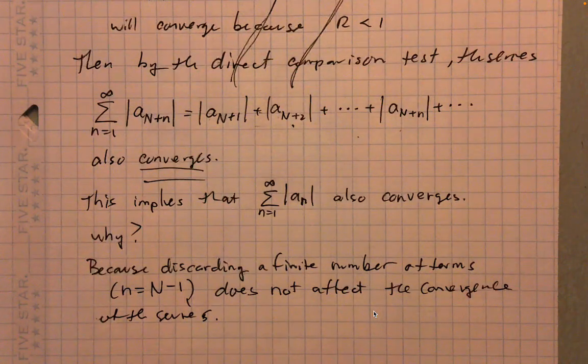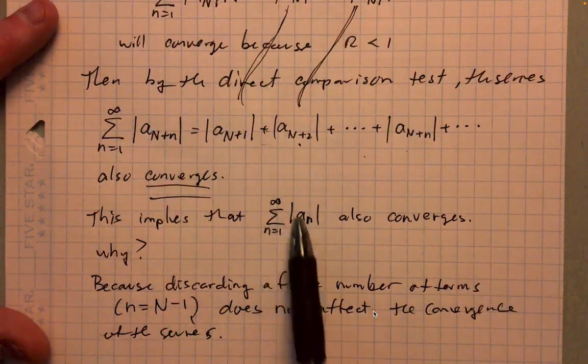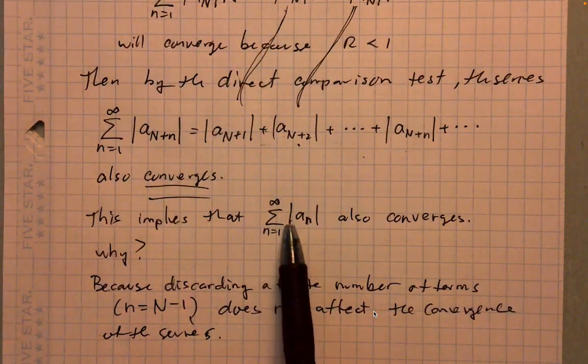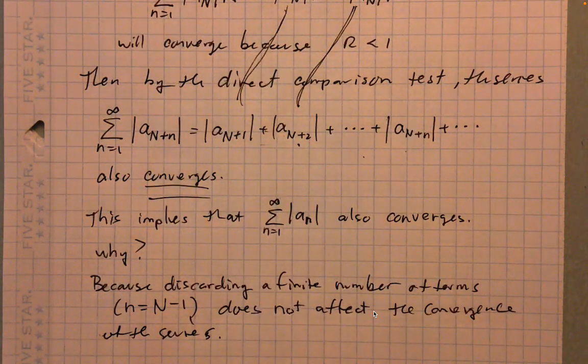You can't add up to infinity in the first 50 terms or the first 1,000 terms, so no matter what they are, they're not going to affect the convergence. So if I can prove that this series converges, then that implies that this one must as well. Whatever those first terms are, you just add them on. It's a finite number plus a finite number, so you get a finite number.